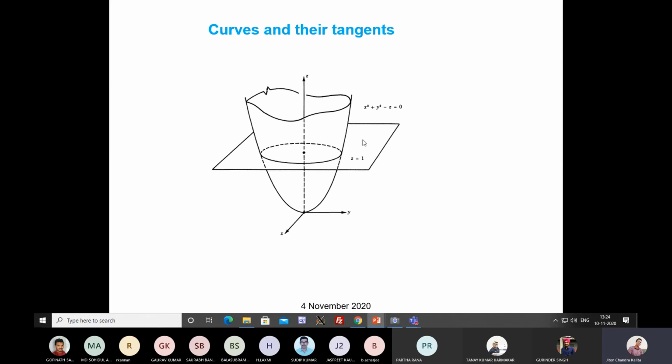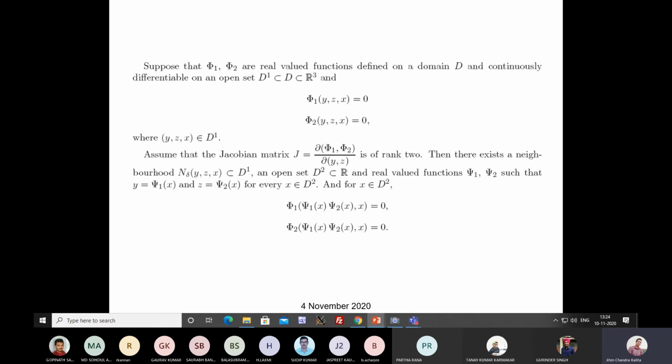As I have told you, this particular problem in Simon's book, he has explained through C1 equal to 0 and C2 equal to 1, whereas I have already gone for the general case. This one is also like your implicit function theorem. I'll come back to this later on.